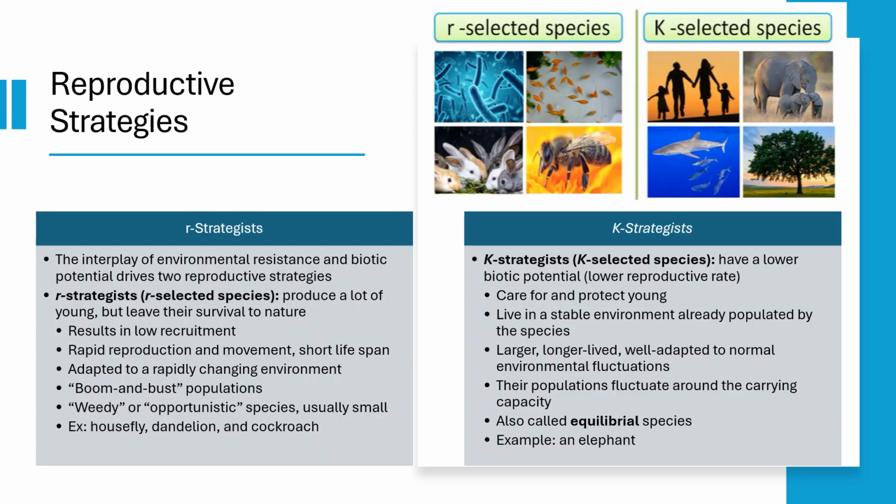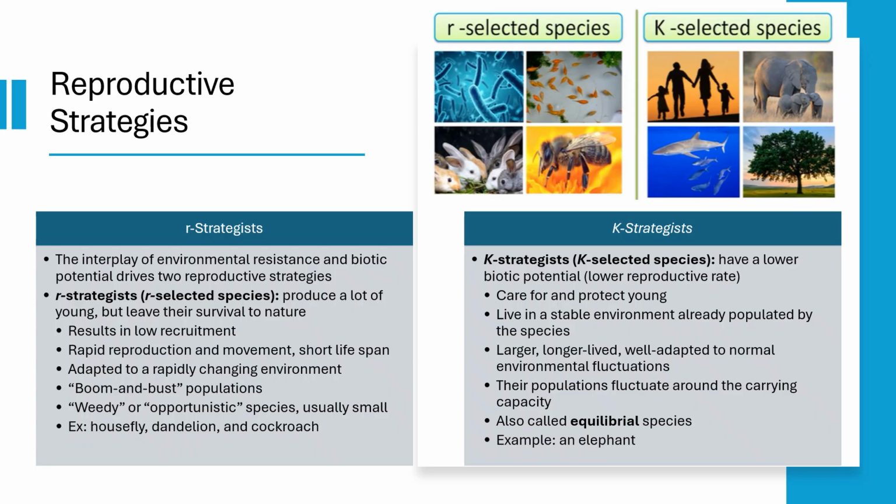So organisms typically have two types of reproductive strategy. How do they make their youth? Some organisms reproduce by producing a lot of offspring, and other species reproduce by investing a lot of energy into the survival of their youth, and therefore have a lot fewer offspring.